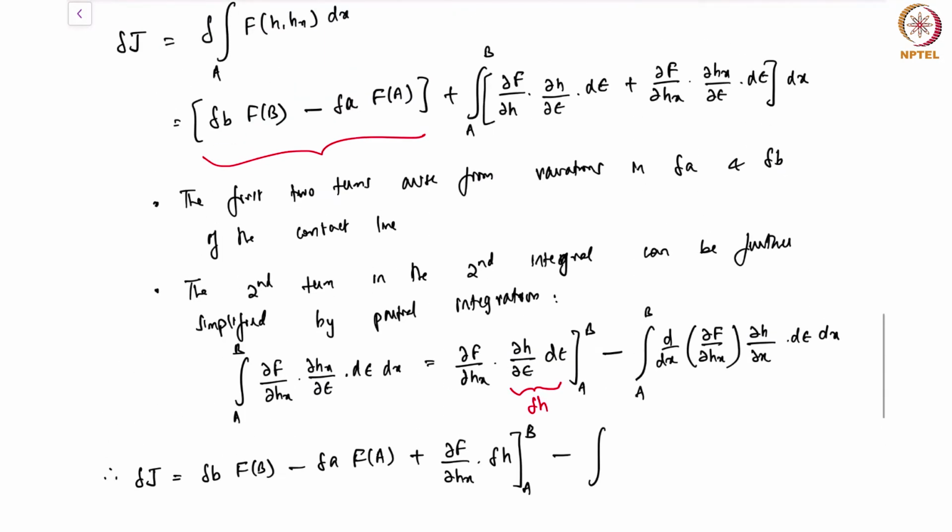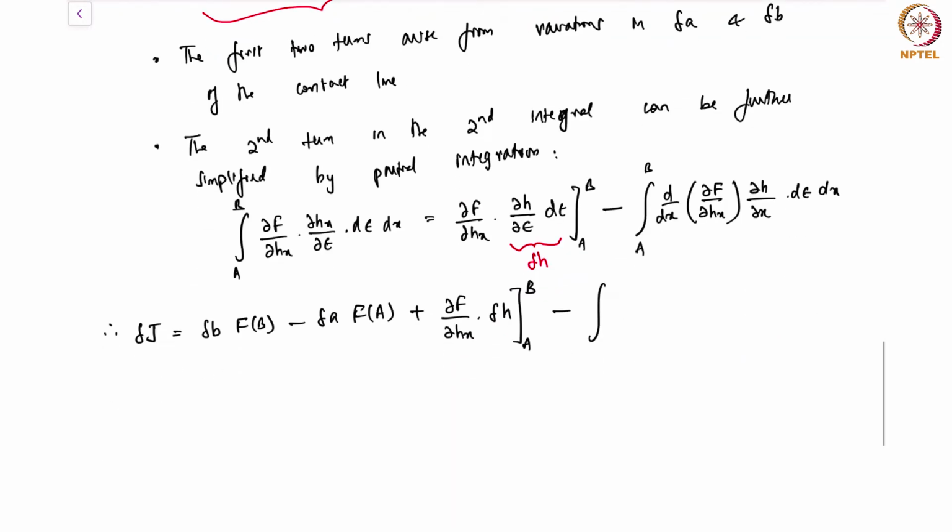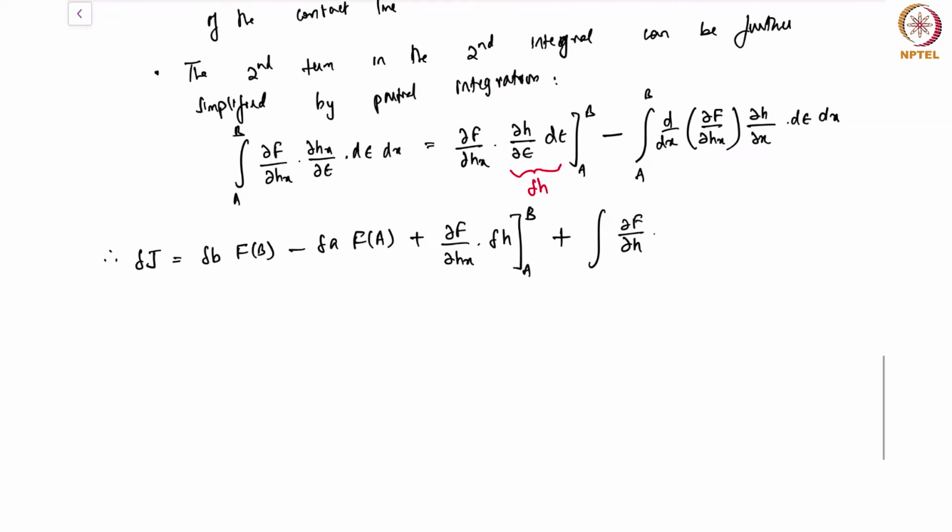Or rather I can combine this term here with the last term here. That's what I'm highlighting, these two terms. I have plus the integral from A to B of del f by del h minus d by dx of del f by del hx, times delta h dx.